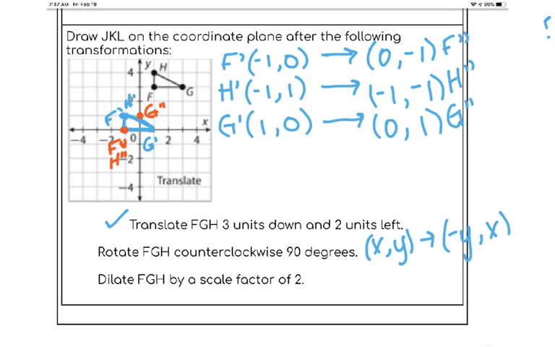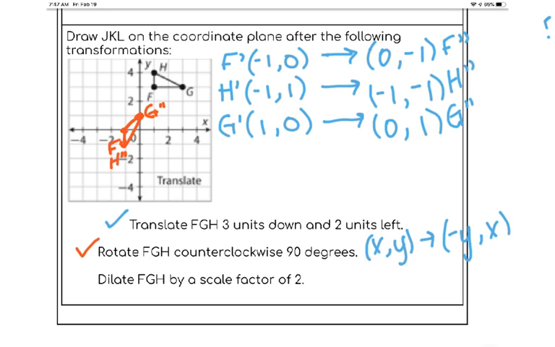I'm actually going to erase the blue figure because we don't need it anymore anyways. Okay, so now this is our new figure. Okay, so we have rotated it this way.